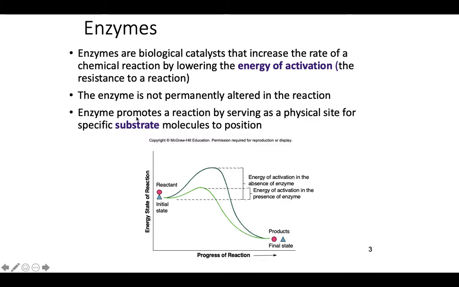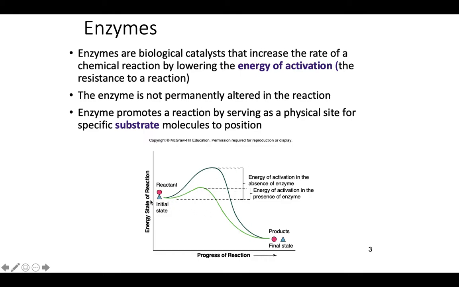It would be essentially like if I had to push my car up a hill, which would take a lot of energy for me to do. But an enzyme would be like having a winch that takes 80% of the actual work for me, so I just have to push a little bit of the weight of my car up the hill. And that's what an enzyme does. It makes things way easier for reactions to start.